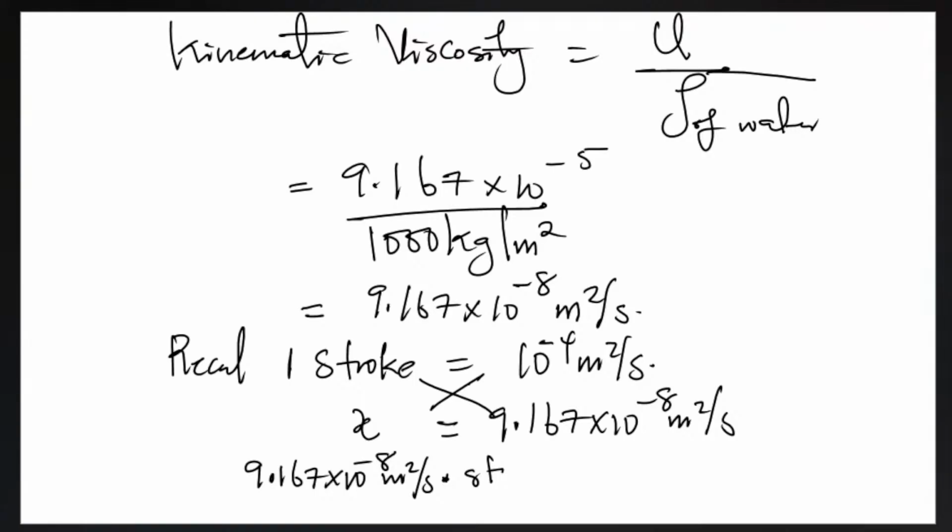The thickness of the film is 15 millimeter, so this 15 millimeter is the distance from the fixed plate to the moving plate. The upper plate moves at 3 meter per second, and you are given the velocity of your moving plate.